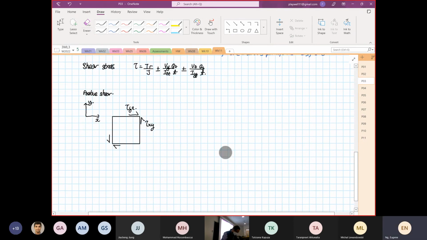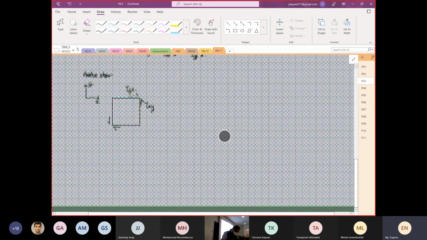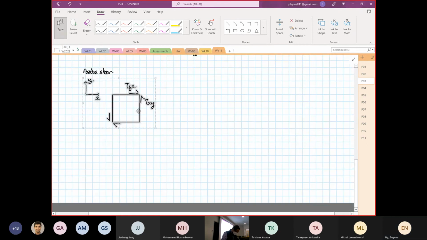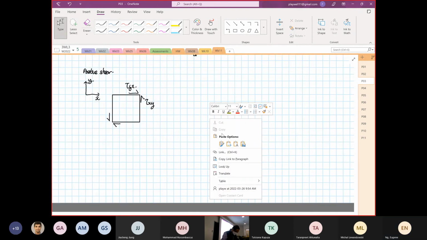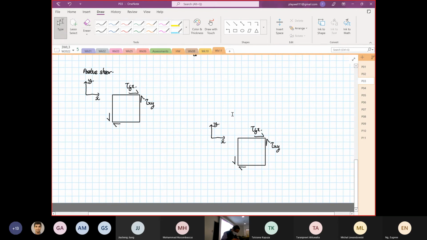And then I'm going to draw below. I'm going to get rid of this. And the one below is negative shear.